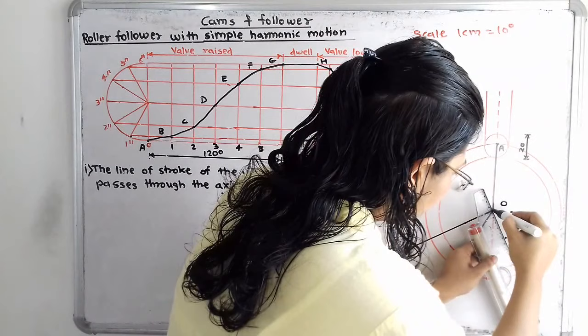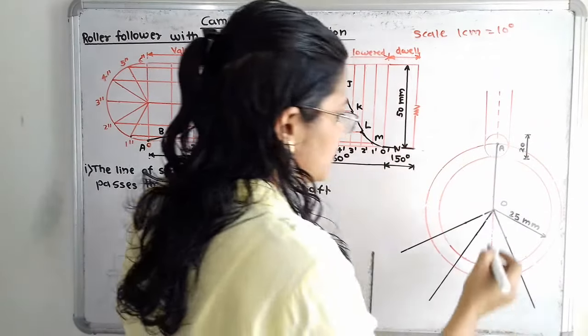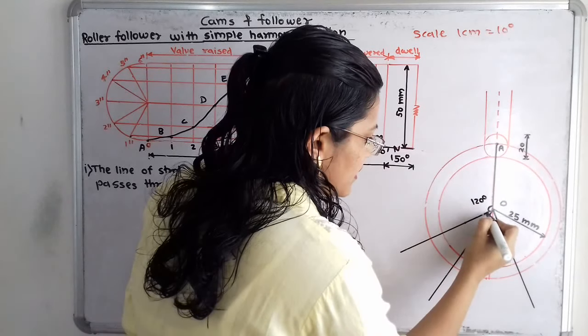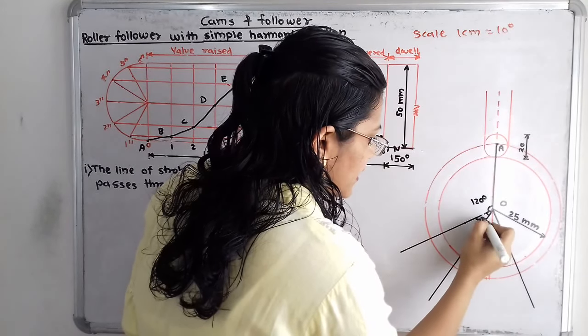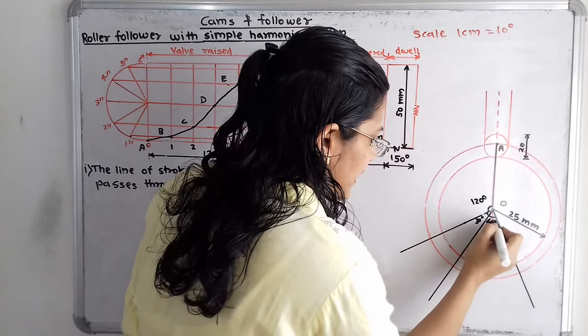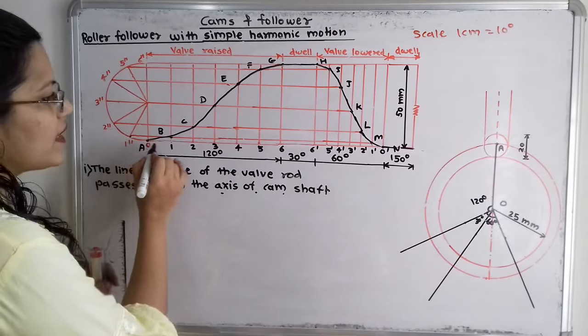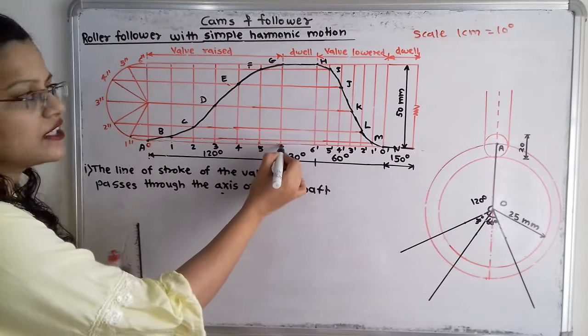So here we will first complete this. Now I will give here this is the first 120 degree, then next 30 degree, and then next 60 degree angle.